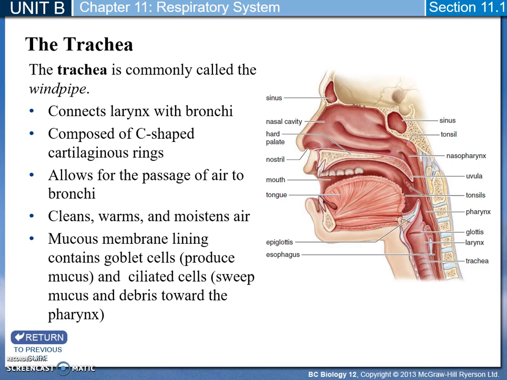It cleans, warms, and moistens the air. There's a mucous membrane lining which contains goblet cells, which produce the mucus, and the ciliated cells as well, which sweep mucus and debris toward the pharynx.